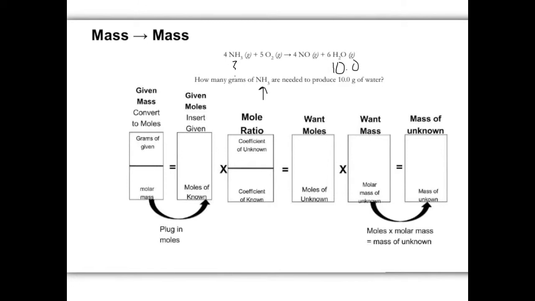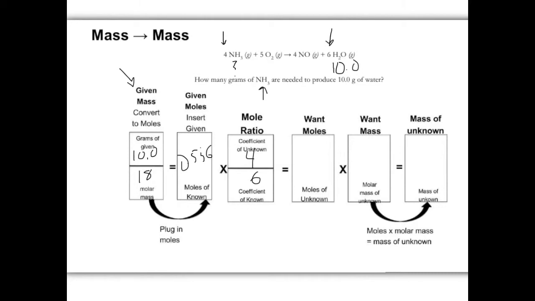So this time we're being asked to start with knowing that we want 10 grams of water. So we're starting over here with mass. The molar mass of water is 18. 10 divided by 18 is 0.556. The coefficients: our unknown is ammonia with a coefficient of 4. Our known is water, which has a coefficient of 6.